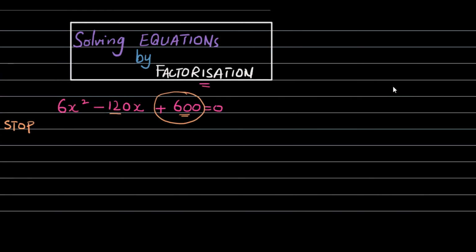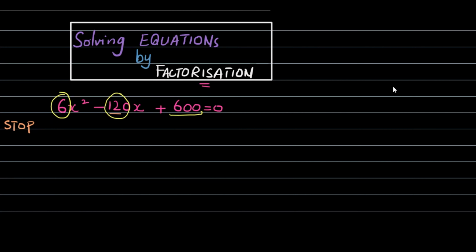क्या मतलब हुआ इसका? Means that you need to observe the coefficient of x squared, the coefficient of x, and the constant number. Are these values divisible by any number? Are they having any common factor? Okay.